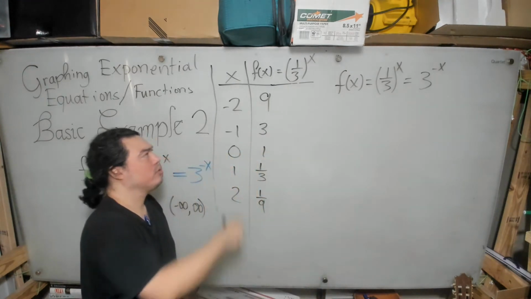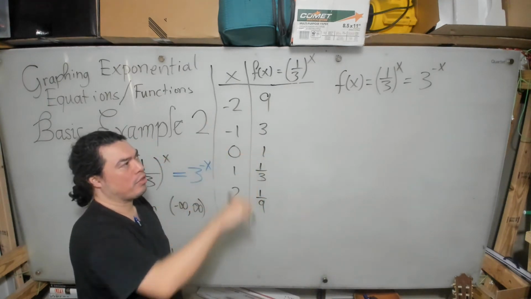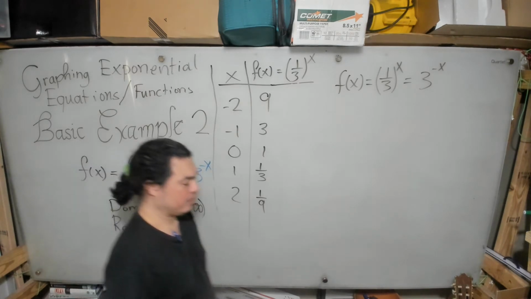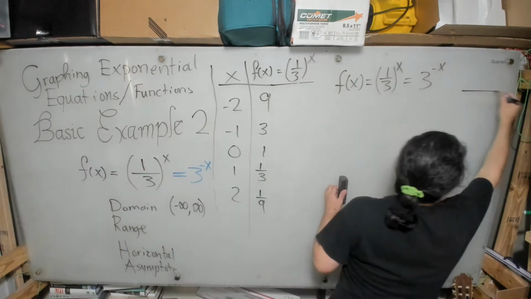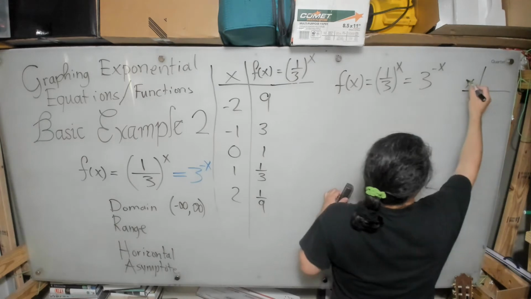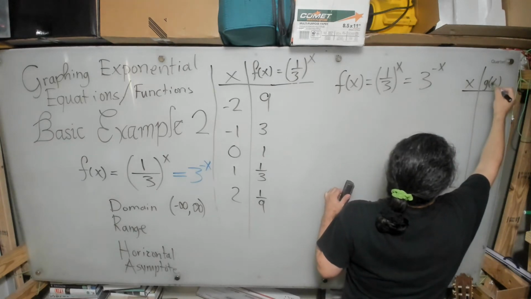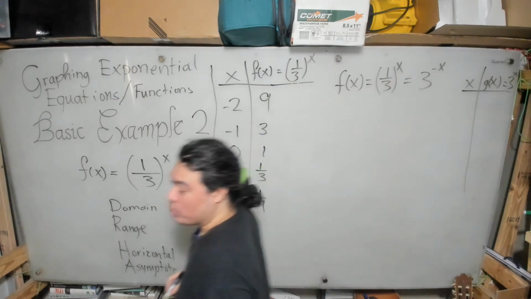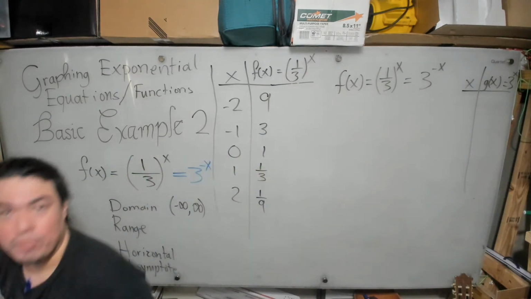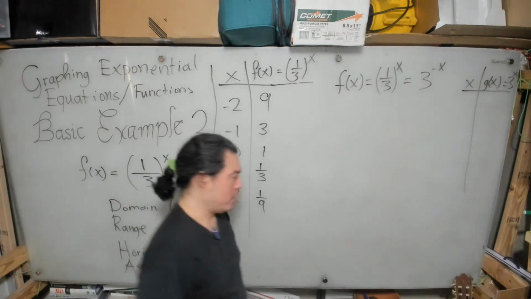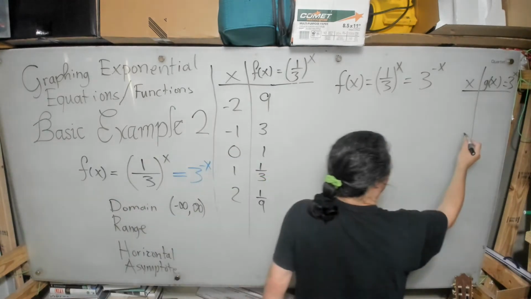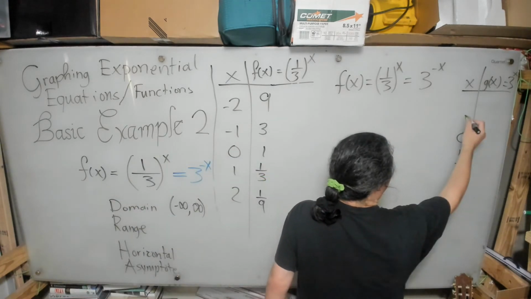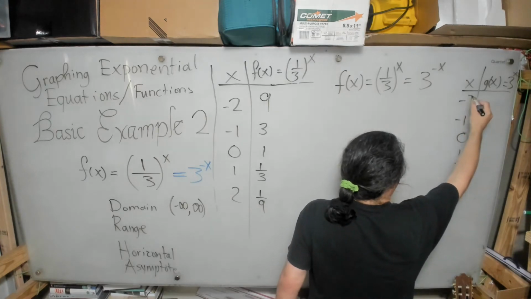Now, if you use these same x values with 3 to the x, let's pretend I have a table here with x, and g of x is going to equal 3 to the x power. In other words, it's going to be very similar to our previous example, but with the 3 instead of the 2. Then you'll see that the values, if you plug them in, are going to be like this.